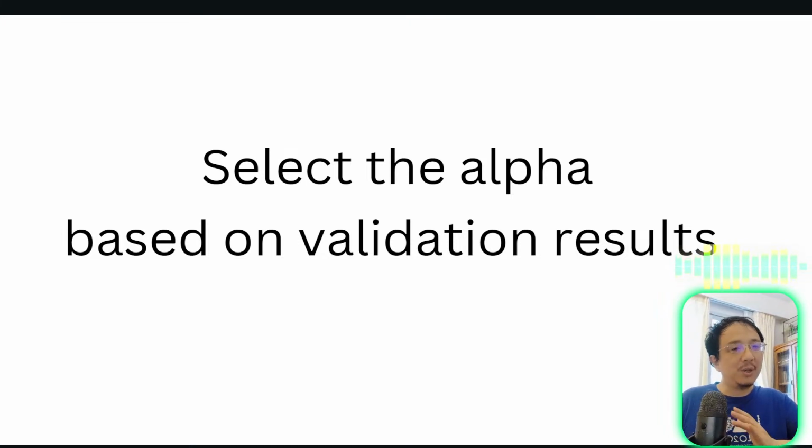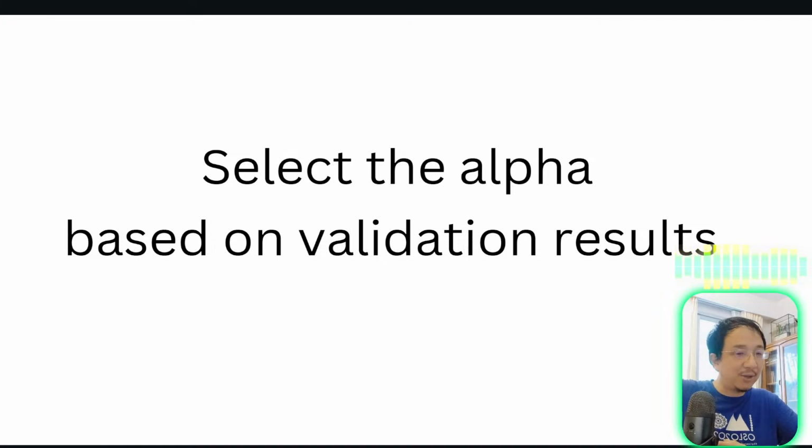This seems to be reasonable, although it may not always work, because sometimes you have the best alpha for the validation data, even for the cross validation, but the alpha may perform poorly when you have new test data. It happens in some cases.